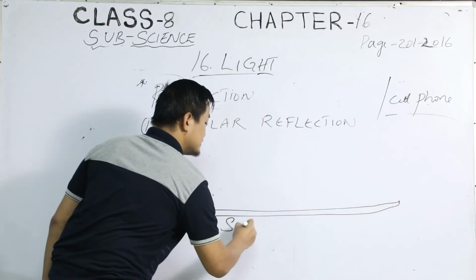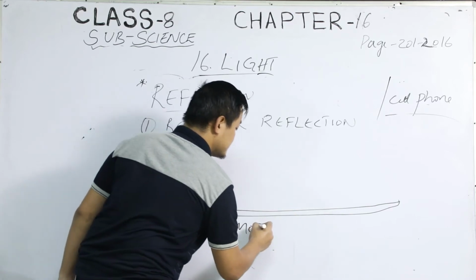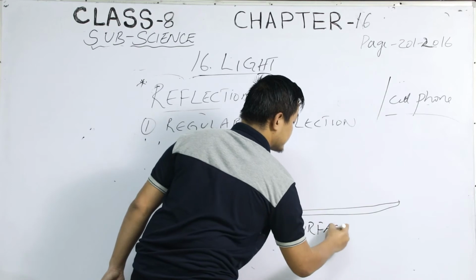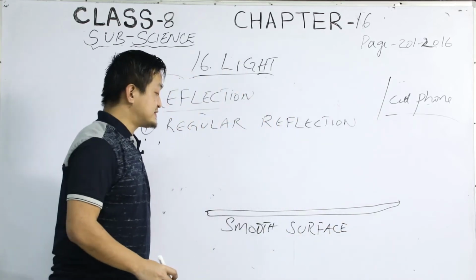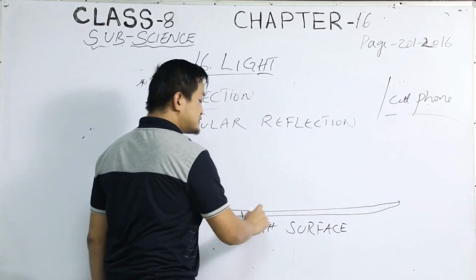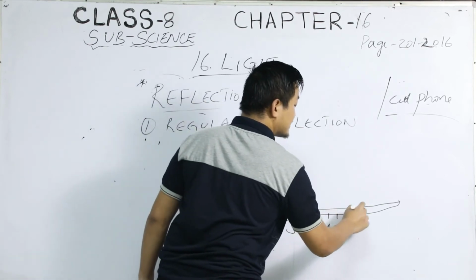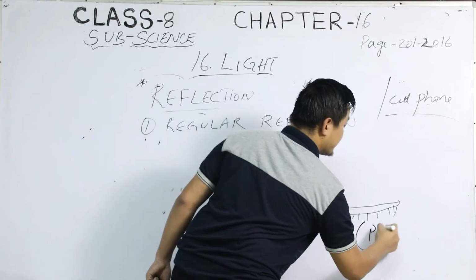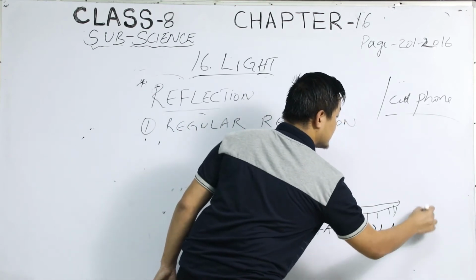The most common example of a smooth surface would be a plane mirror.